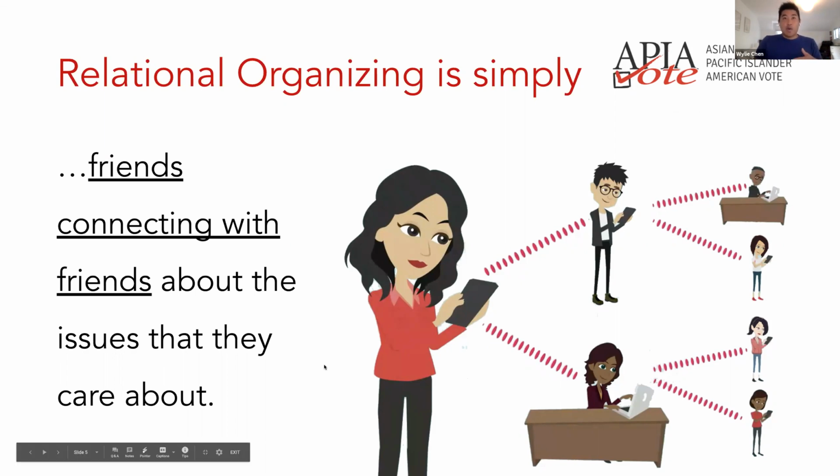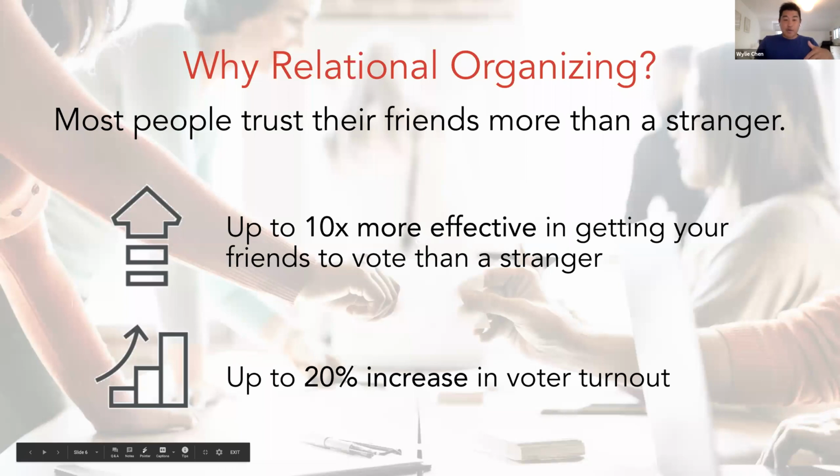As you think about relational organizing in the context of reaching people to do a campaign, support a politician, or in this case, support this election and get people out to vote, of course more people trust their friends more than a stranger, right? Someone reaching out to someone they already know is way more effective.